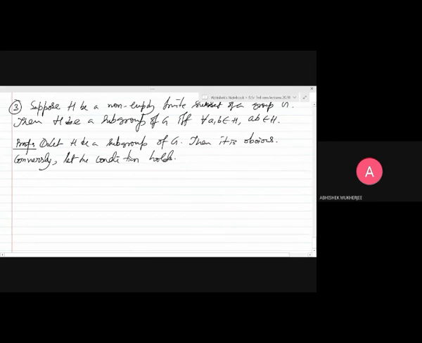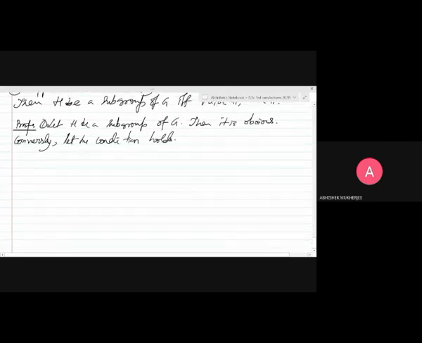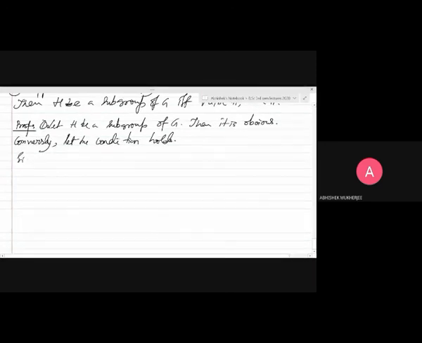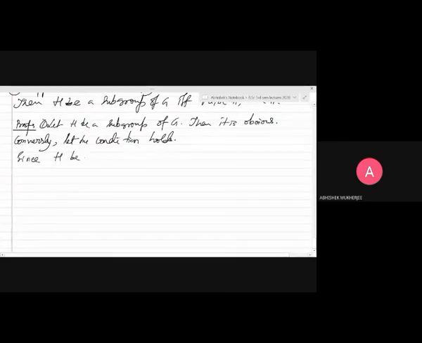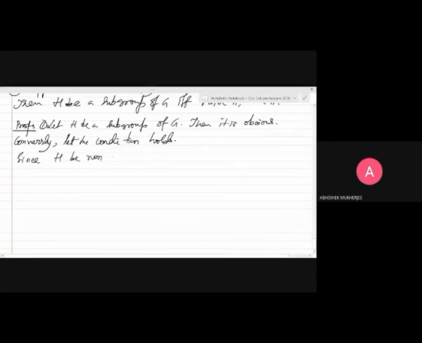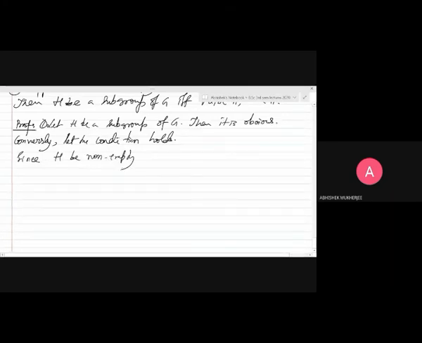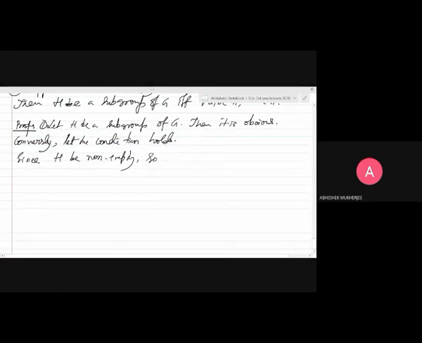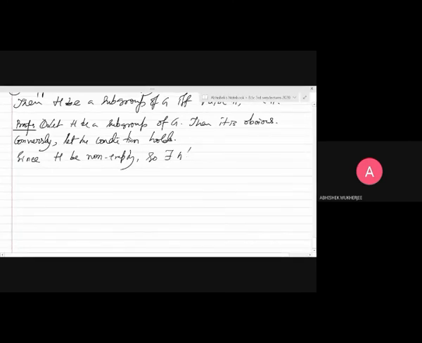Now since H is non-empty, that is a very crucial condition, there exists some h dashed belonging to H. So capital H must have some element since it is non-empty, h dashed, right?